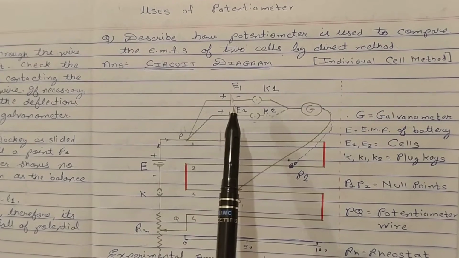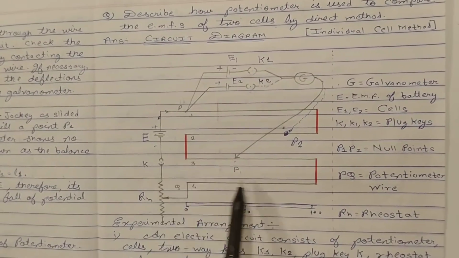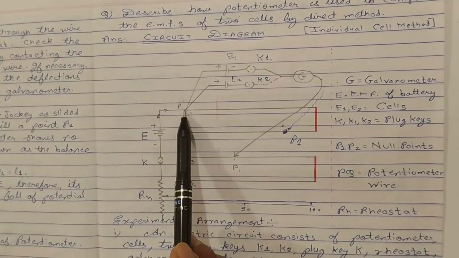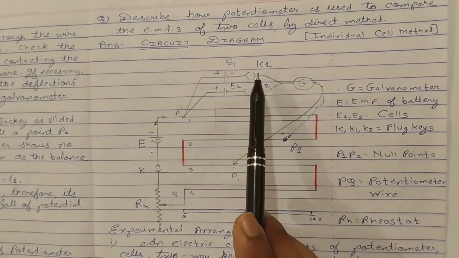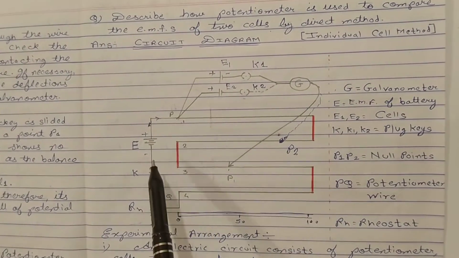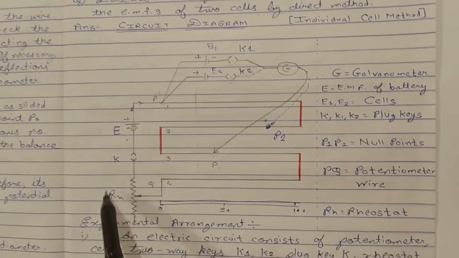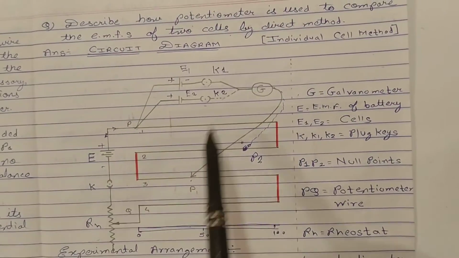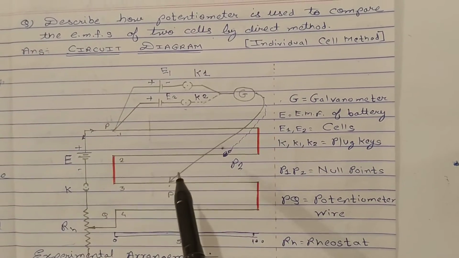Students, the electric circuit consists of potentiometer. You can see potentiometer wire is from P to Q. Two-way keys K1, K2 and K, the rheostat RH, galvanometer G as shown in the figure.